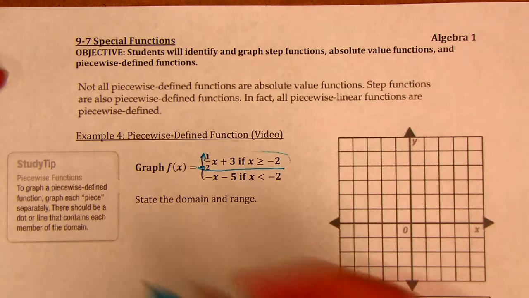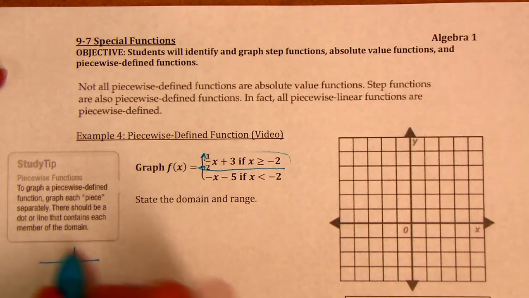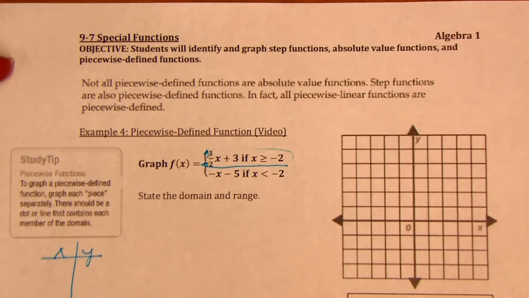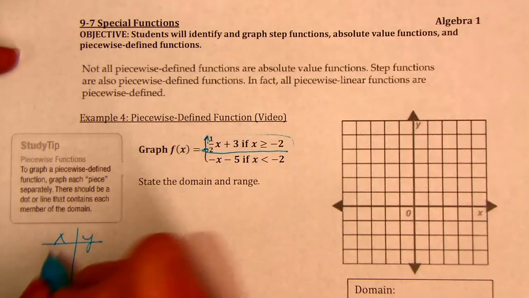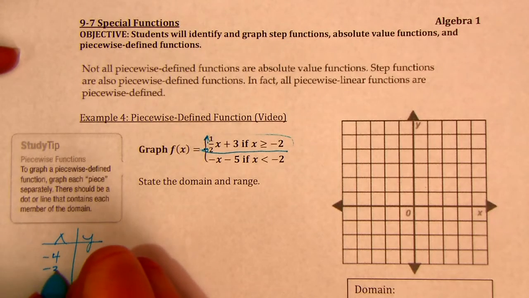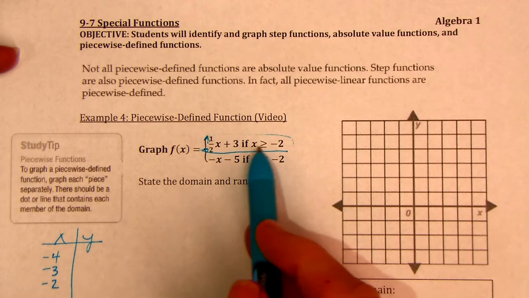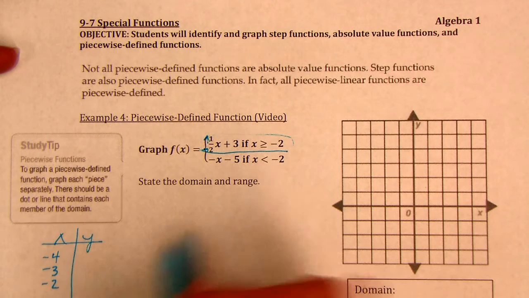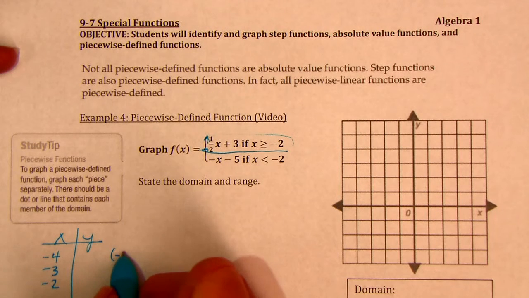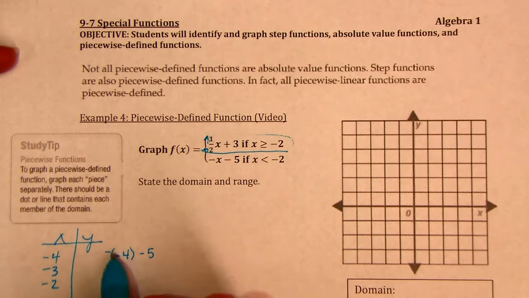Okay, so if I put in, say, negative 4, negative 3, negative 2, that would be x is less than. So if I put in negative 4, it's negative 4 minus 5. So it's a positive 4 minus 5 would be negative 1. If I put in negative 3, that would be negative 2.